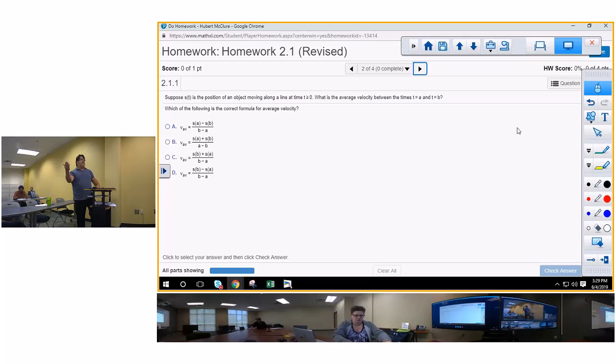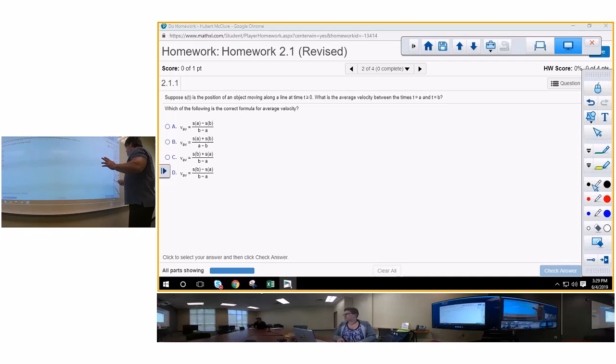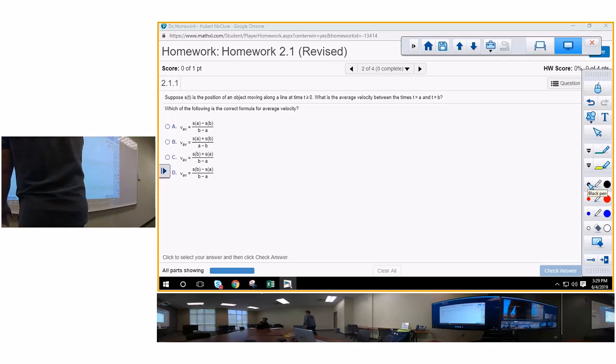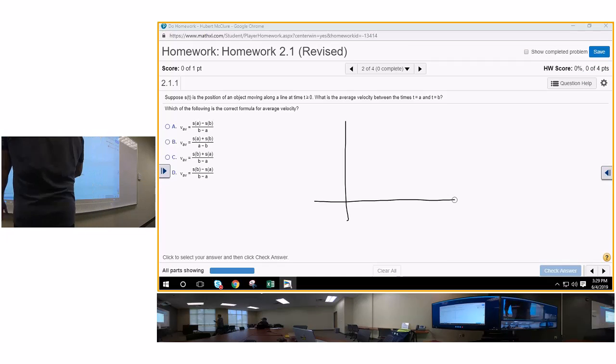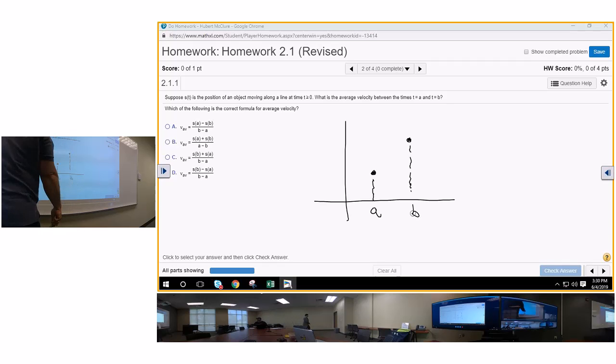So s of b minus s of a, and what they're basically getting you ready for is finding the slope of a line. Of course, we've already covered this, but if you have a point here and a point here, a is going to be right here, and b is going to be right here.